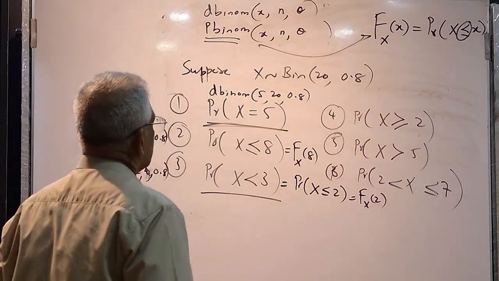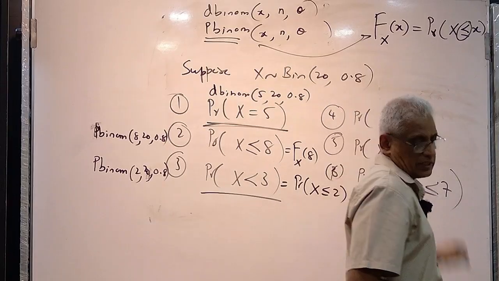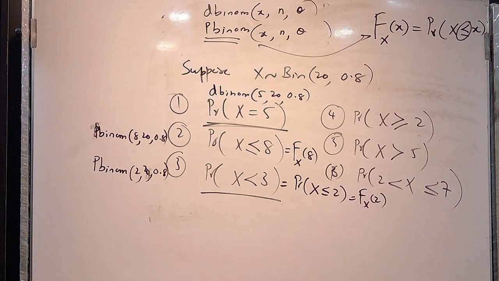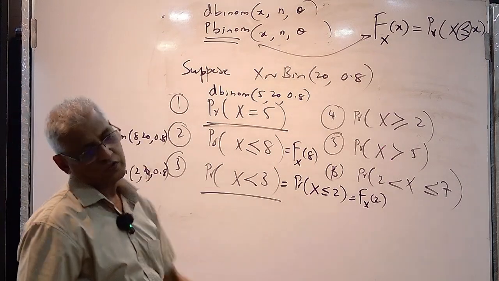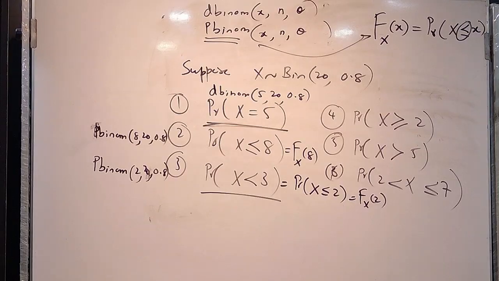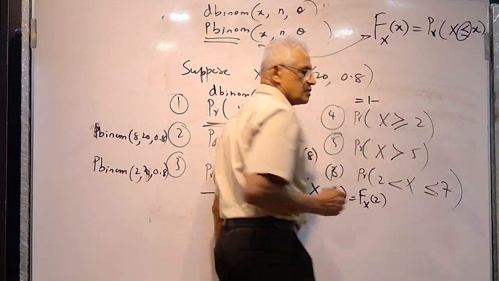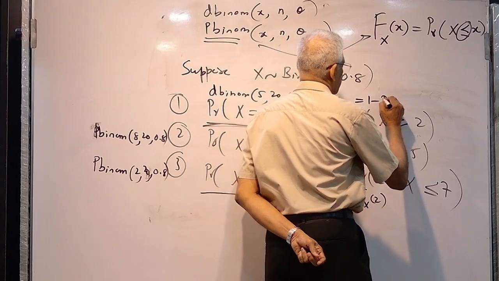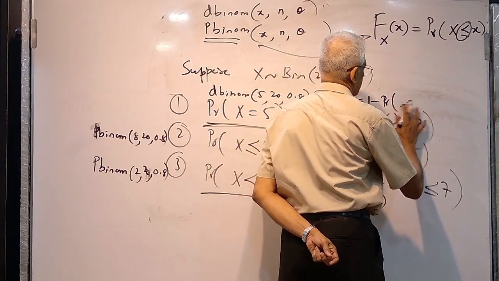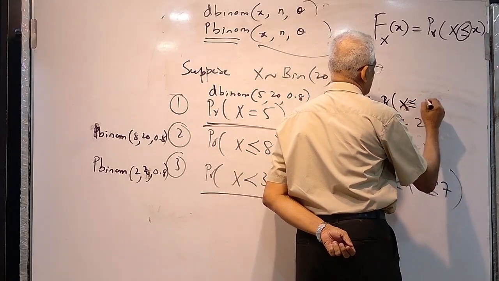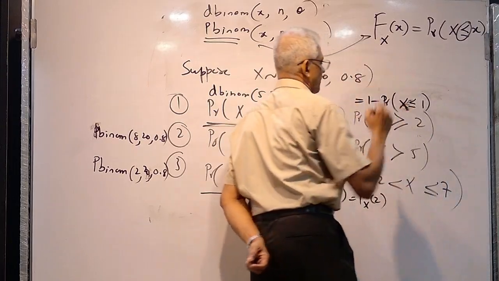Right. So how can you find out this one then using R? These are the two functions you can use. You can write this one as 1 minus probability x less than or equal to 1.